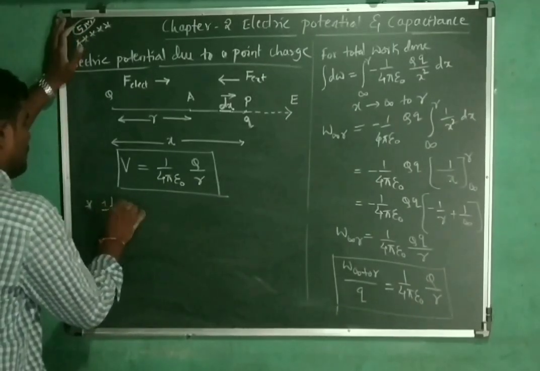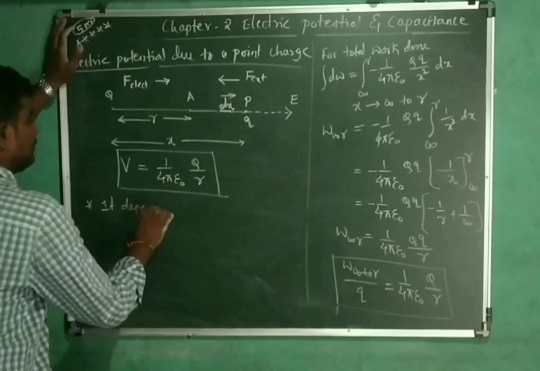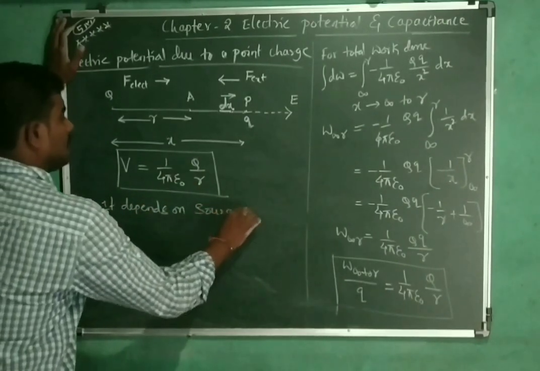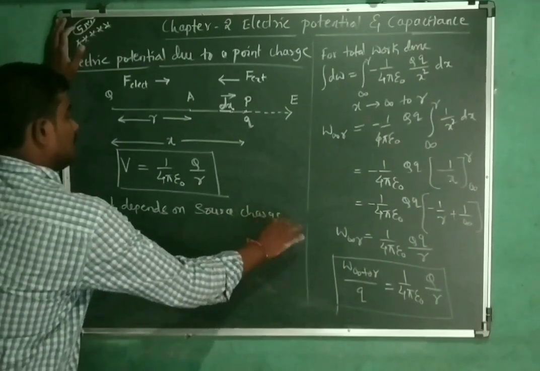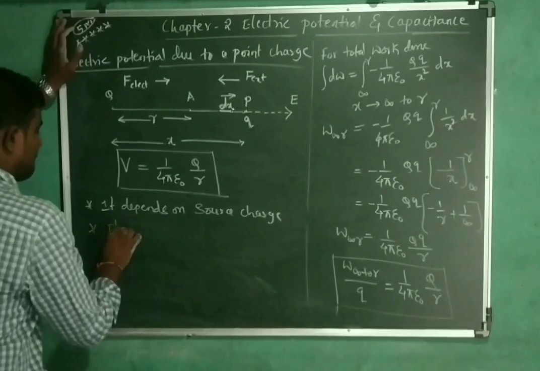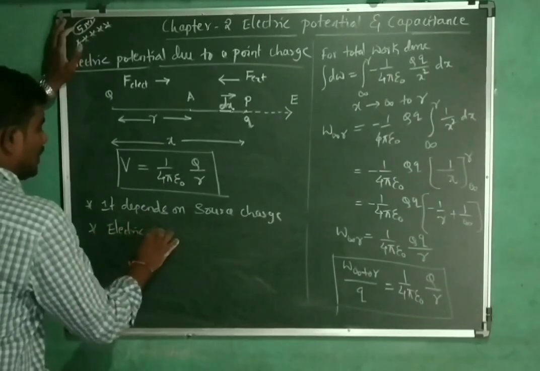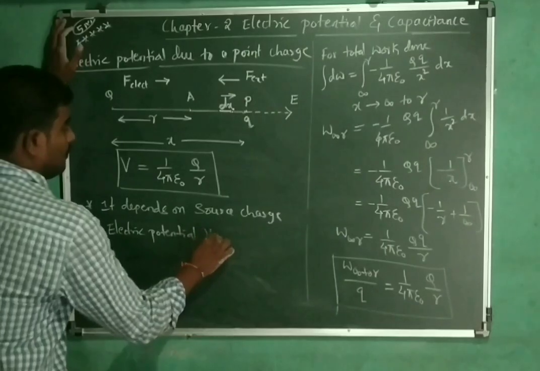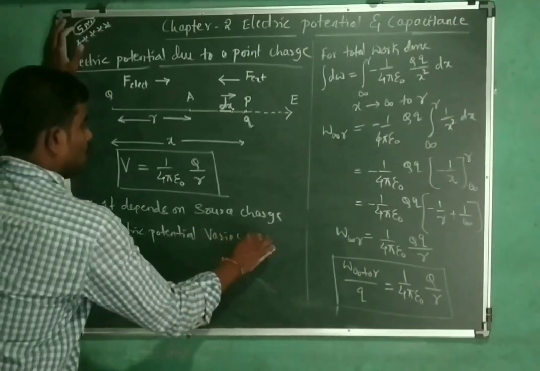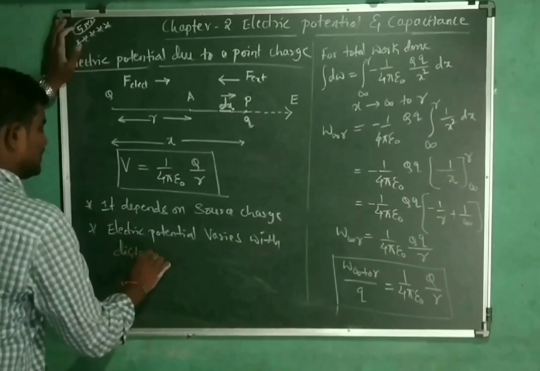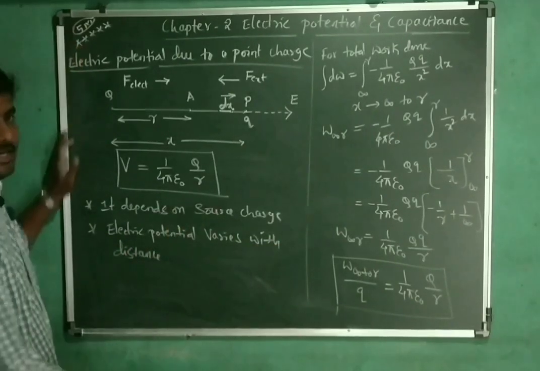So it depends on the source charge, and electric potential varies with distance. If distance increases, then electric potential goes on decreasing.